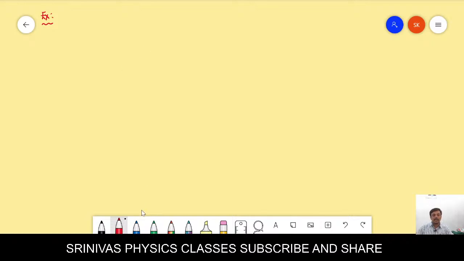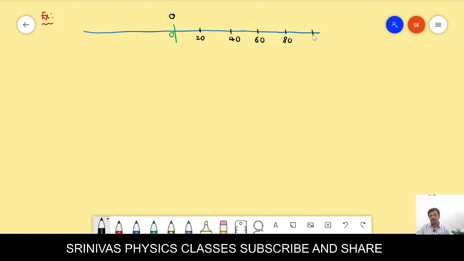Take an x-axis and let us take this as the origin, point O. There are some values here: 20 centimeters, 40, 60, 100, and this location we consider as P. This location is Q, with minus 20, minus 40, minus 60, and this location I am considering as R. This is the coordinate system, just like straight line motion.